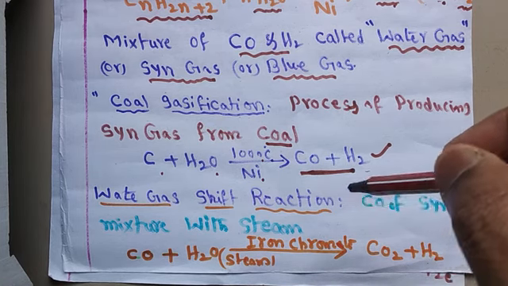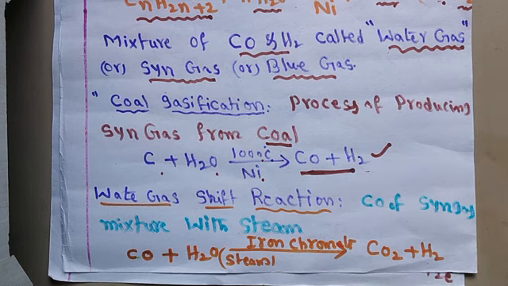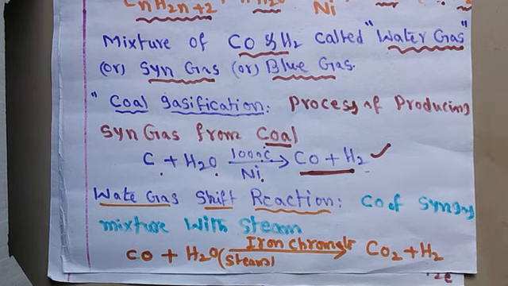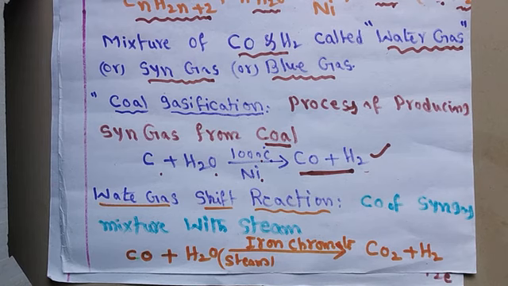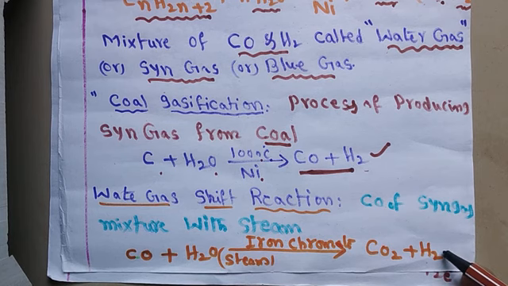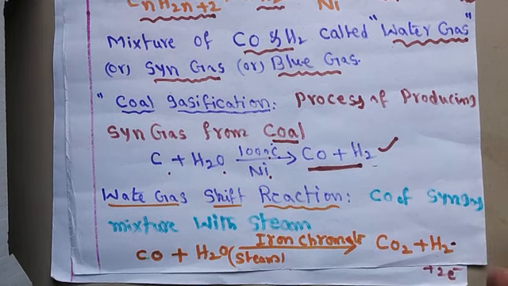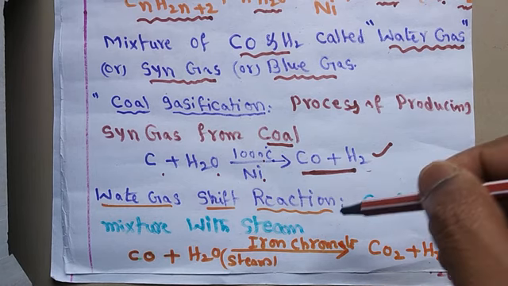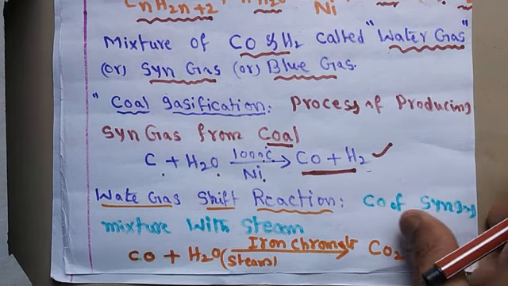It increases the yield of hydrogen gas. The syngas mixture containing carbon monoxide is heated with steam in the presence of iron chromate, producing excess hydrogen gas. That is why your product yield is increased by using the water gas shift reaction. Is it clear, children?